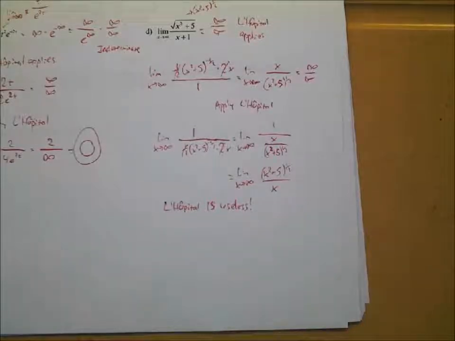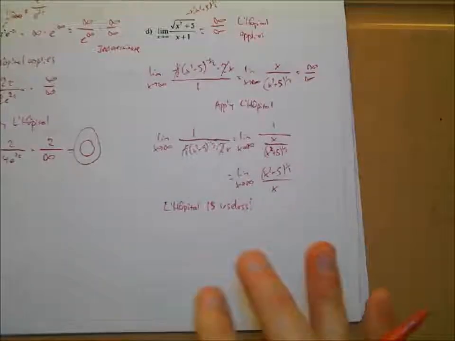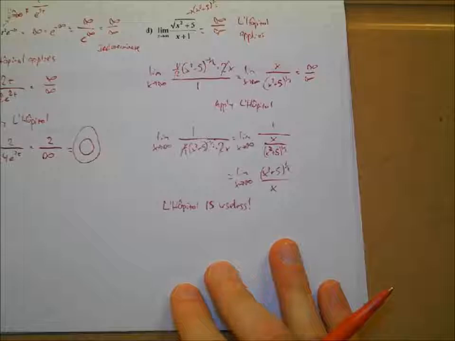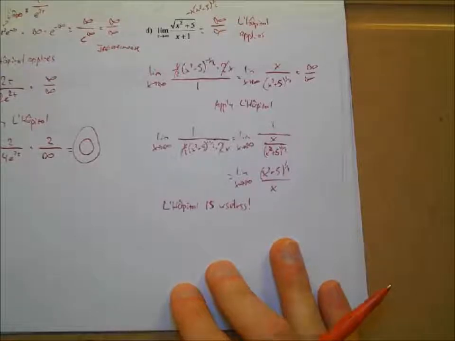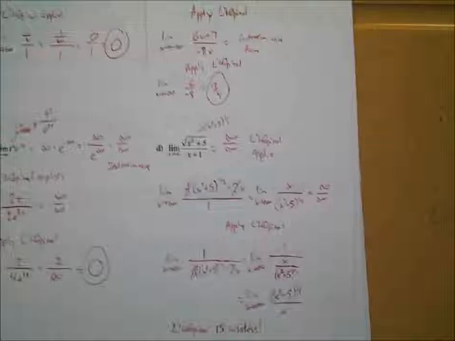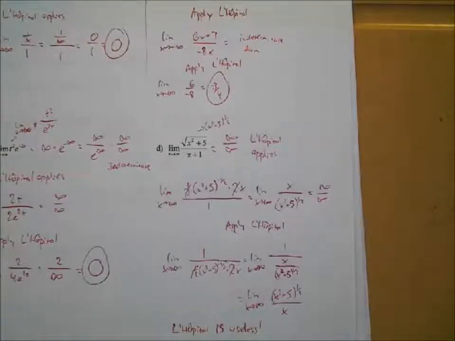Exactly right. If we keep applying L'Hopital here, it's going to be a circle. So L'Hopital is useless. Isn't that fun? Digging a ditch and then filling it back in, and then digging a ditch and filling it back in, because that's what we're doing there. It never ends. Use substitution.